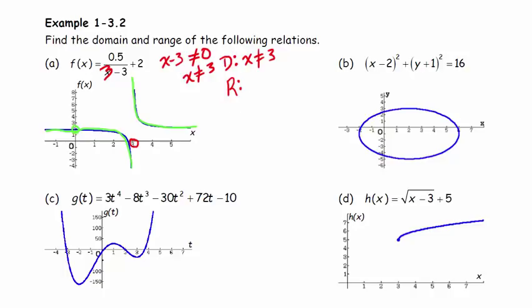So we can take on any value except for 2. So my range might be f of x, my output variable, not equal to 2. So it can be anything other than 2.